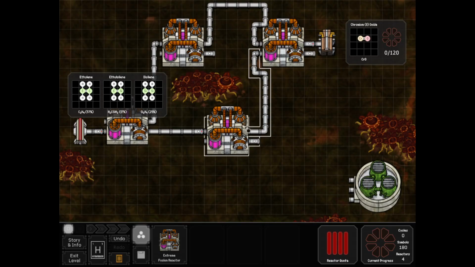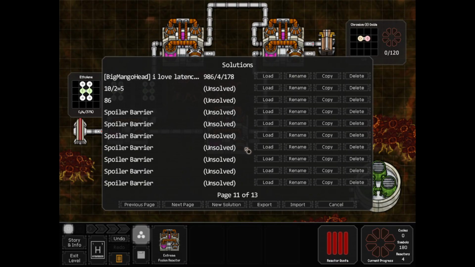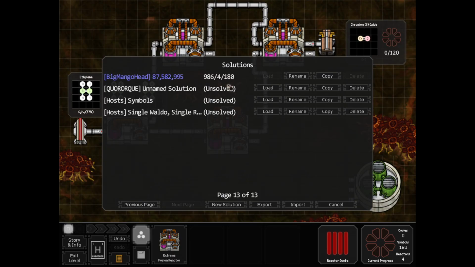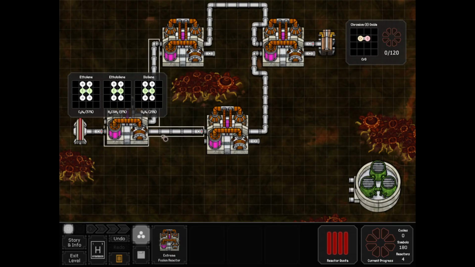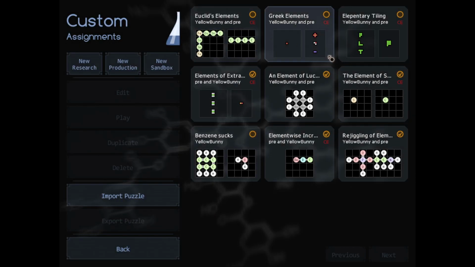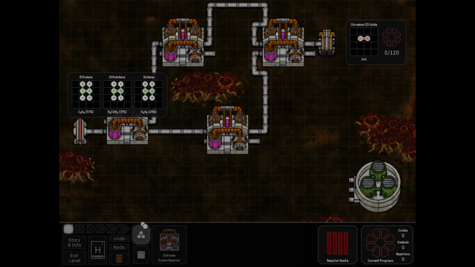So 986,180, and what you submitted is 986,178. So you even removed two symbols and removed the crash somehow. The pipe out of the first reactor into the lower one is a length of 5. That was the wrong button.